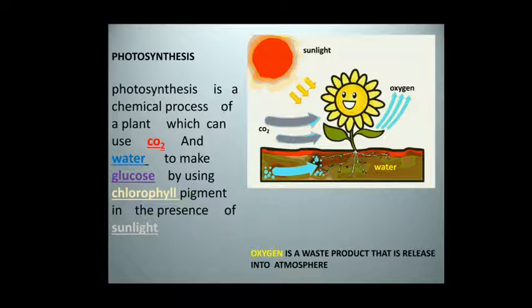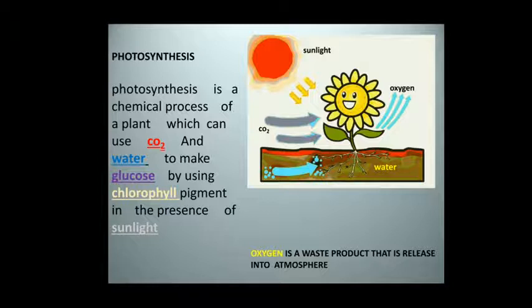So the plant uses external factors like carbon dioxide from the atmosphere and absorbs water from the ground to make glucose using chlorophyll pigment. The chlorophyll is responsible for trapping the sunlight. In this process, oxygen is a waste product that is released into the atmosphere.